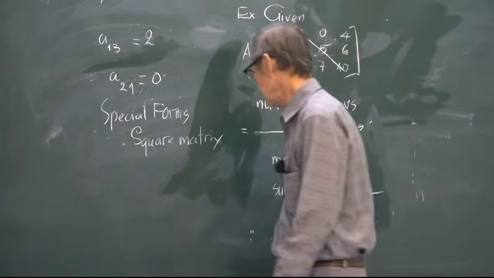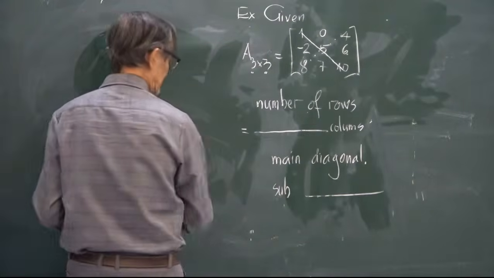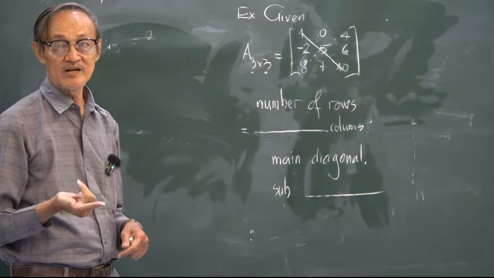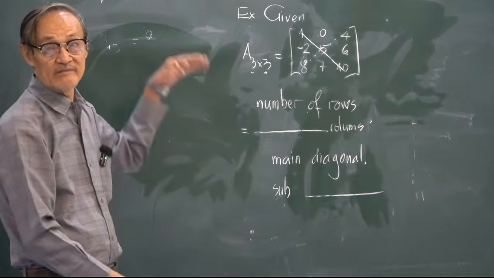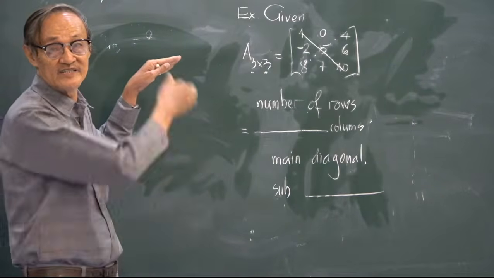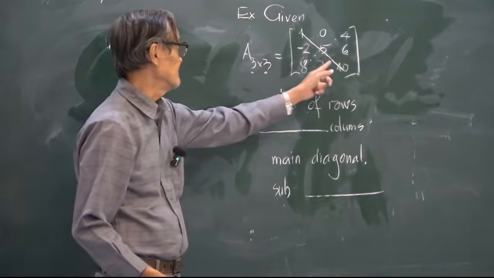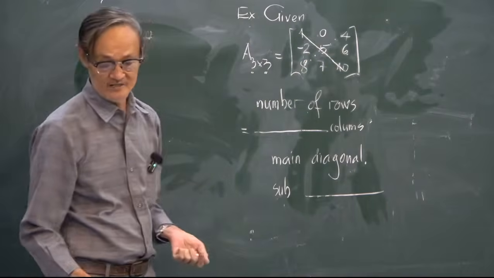Okay? Square matrix, number of rows equals number of columns, and the main diagonal goes from the left above to right below. And the other diagonal is called the sub-diagonal.